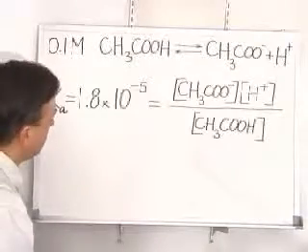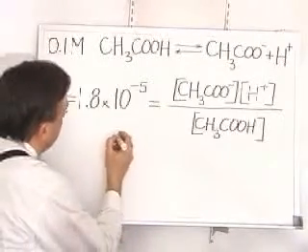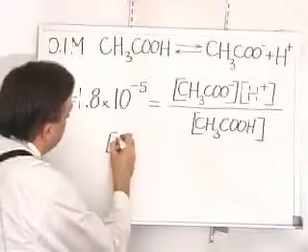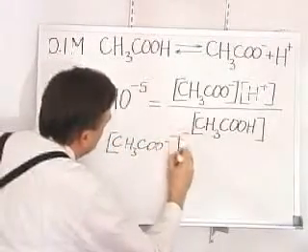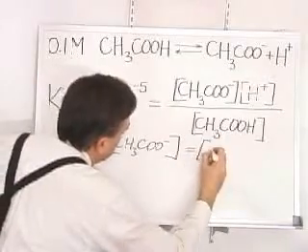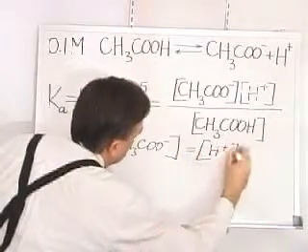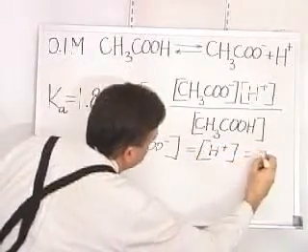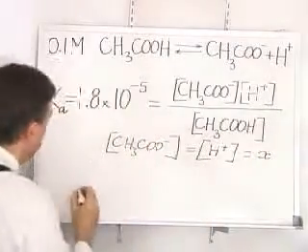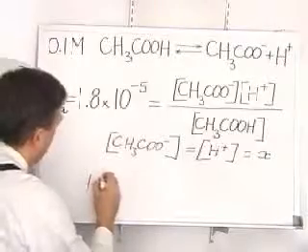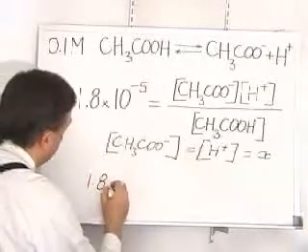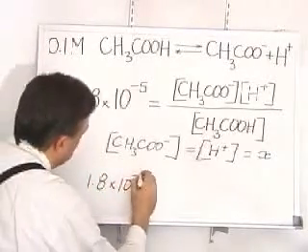Therefore, at equilibrium, the molarity of the acetate equals the molarity of the protons, which we may denote by X, and we may substitute in the expression for the equilibrium constant, or the acid ionization constant.